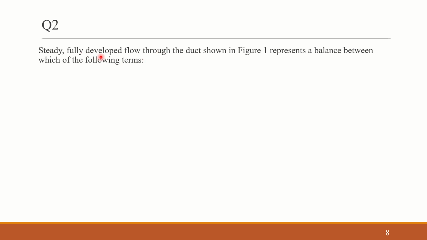Now let us see what this particular question is asking. Steady fully developed flow through the duct shown in figure 1 represents a balance between which of the following terms. So first one, it is inertial force. Second one, viscous force. Third one, pressure force.